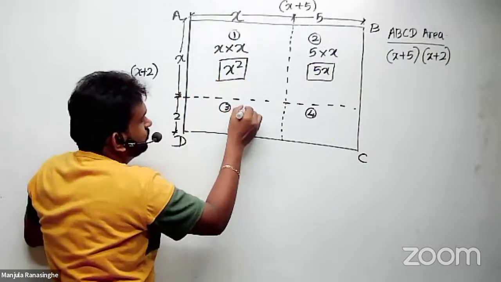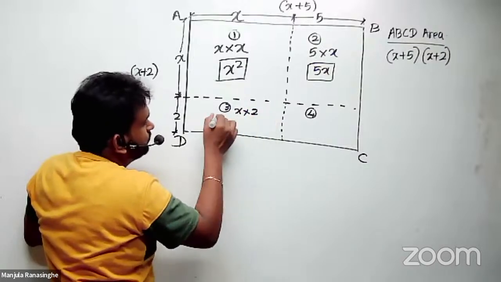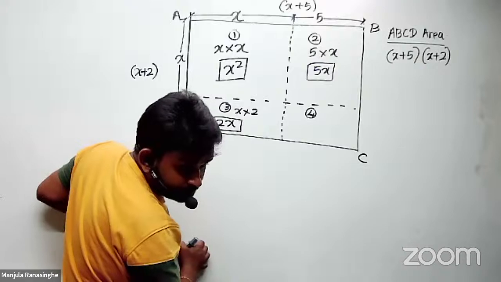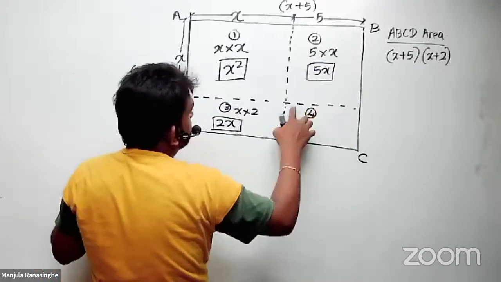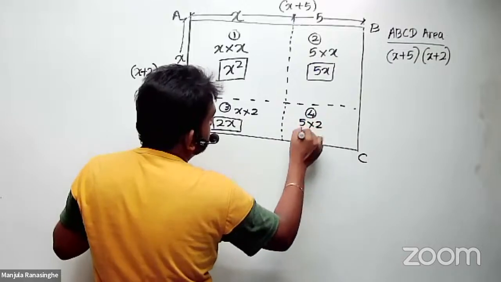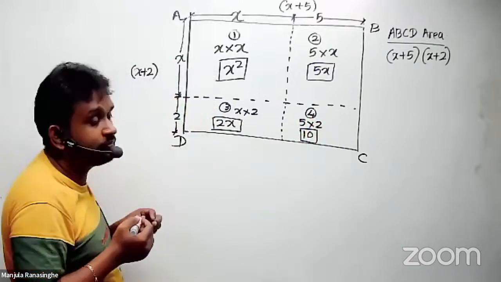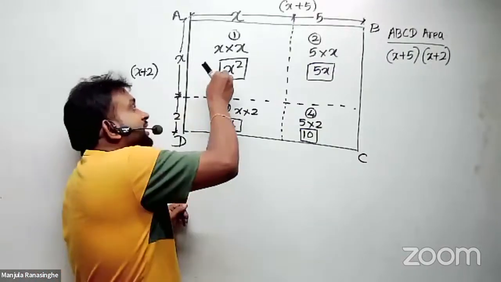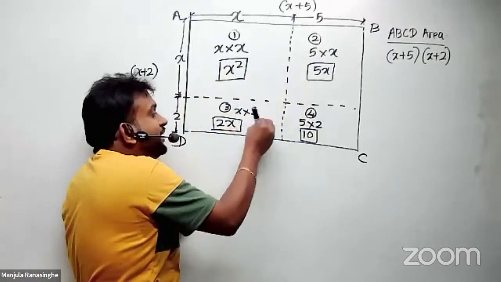Then x into 2 gives you 2x. And here, the length is 5 and the breadth is 2. So 5 into 2 gives you 10. Okay, fine. Now we know the areas of the small parts individually.